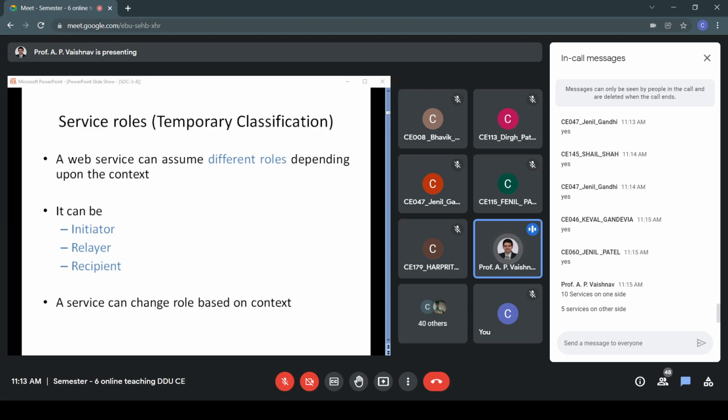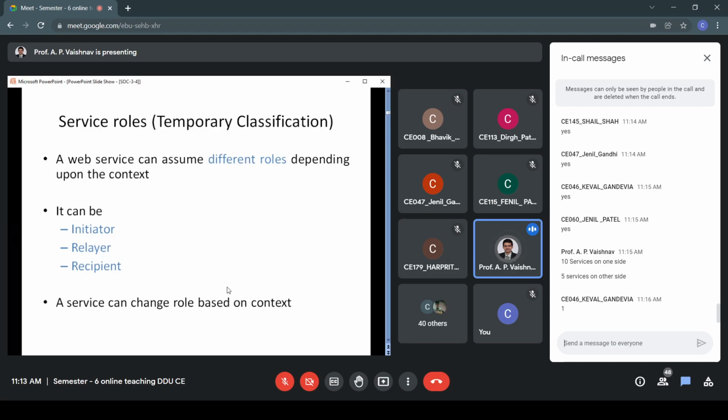So the initiator will always be one, isn't it? Or they can be more than one. What do you think? The service that starts the communication will always be one. Yes or no? Yeah, correct.